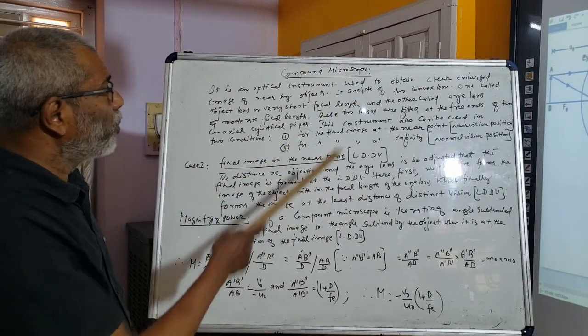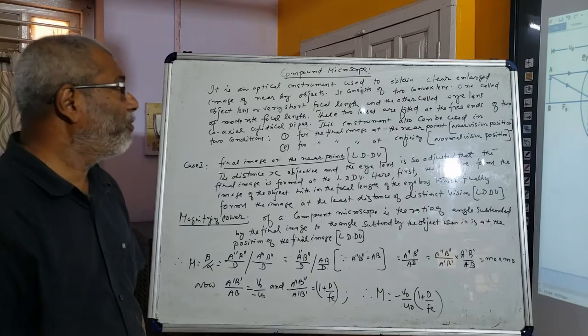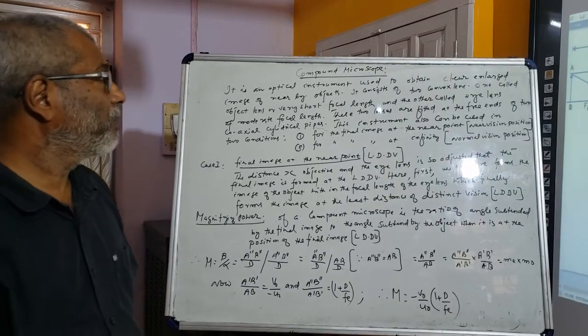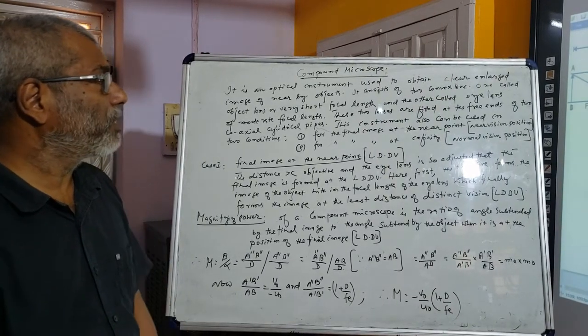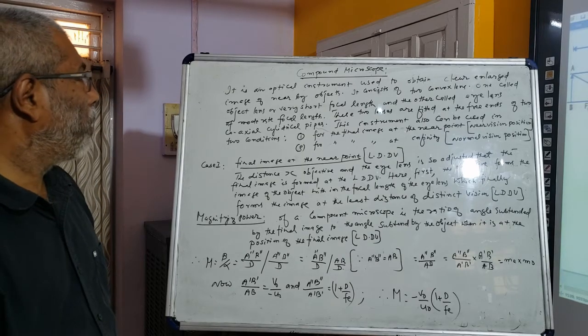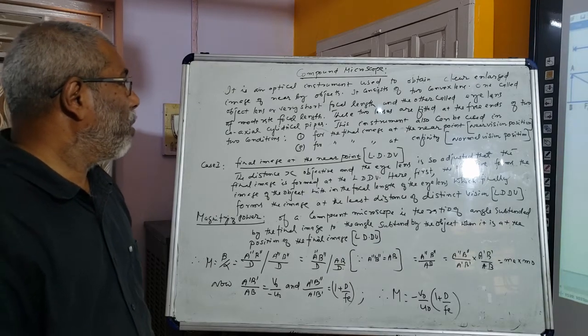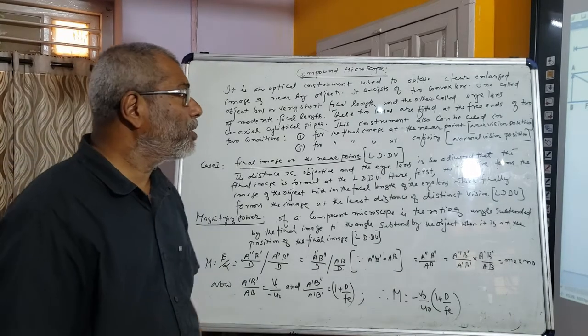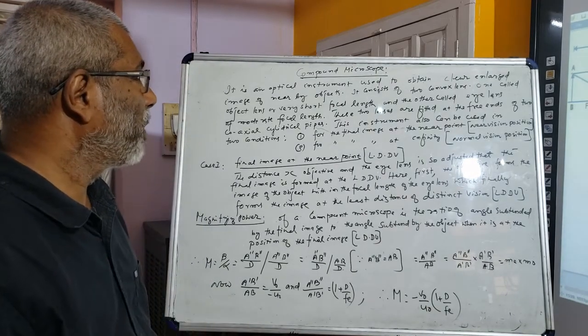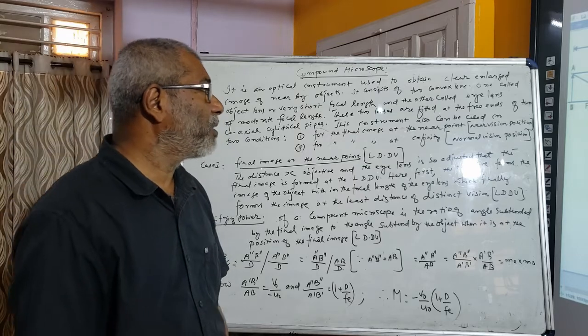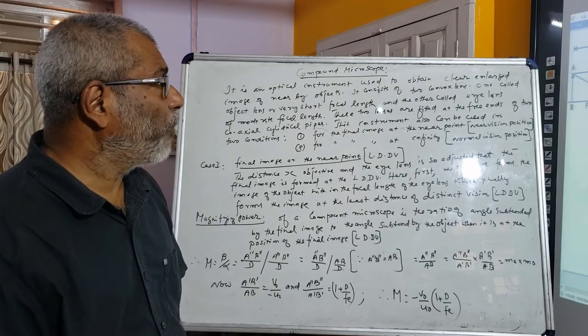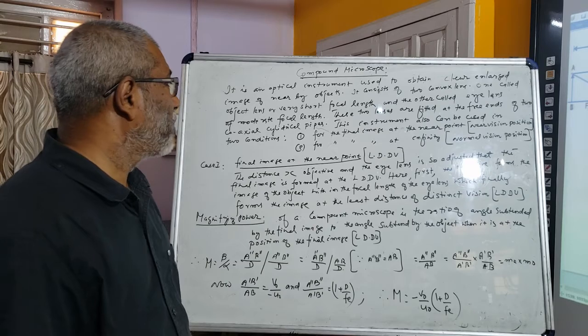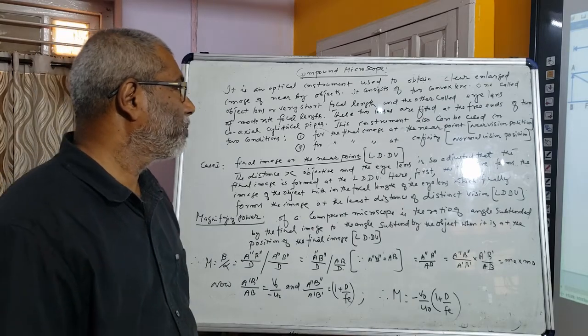It is an optical instrument used to obtain a clear enlarged image of nearby objects. It consists of two convex lenses, one called the object lens of very short focal length and the other called the eye lens of moderate focal length. These two lenses are fitted at the two free ends of two coaxial cylindrical pipes.